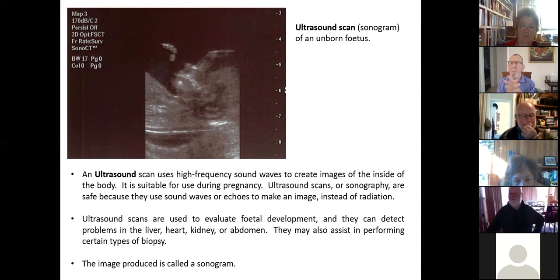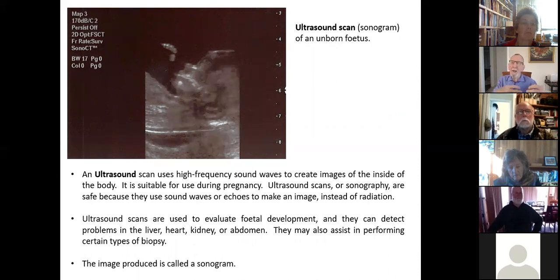There was a lot of speculation early on that if you used high frequency sound waves, you may cause damage to the fetus. This has now been disproved. So it's used extensively from fairly early in a pregnancy right the way through almost to childbirth.